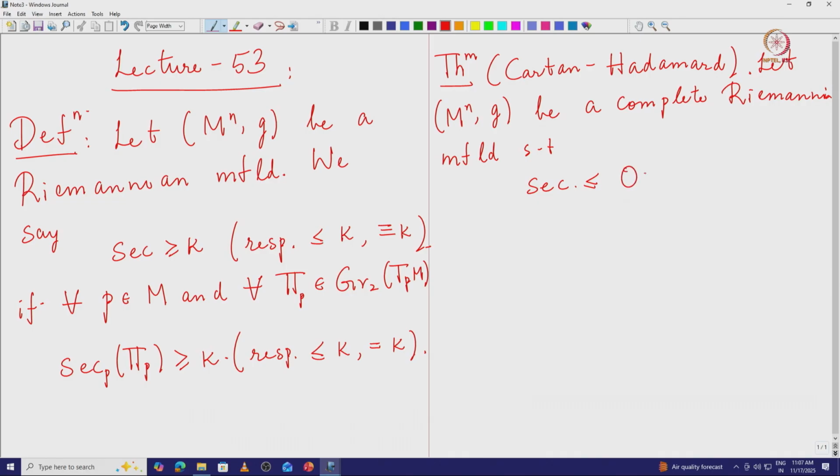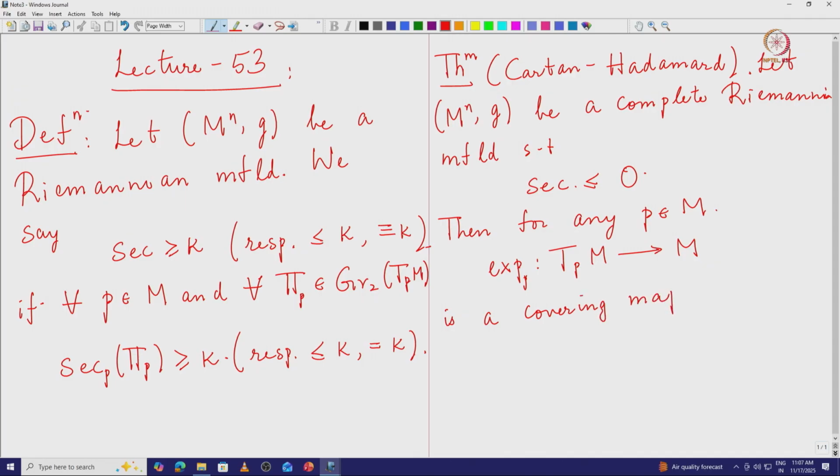Okay. Then for any p, if you look at the exponential map, because it is complete, the exponential map is defined on all of the tangent space, and this is actually a covering map.